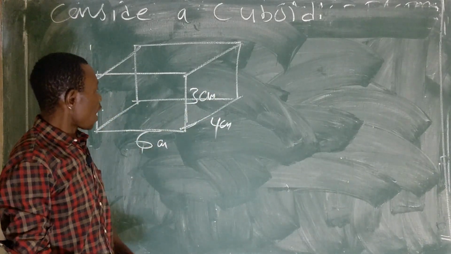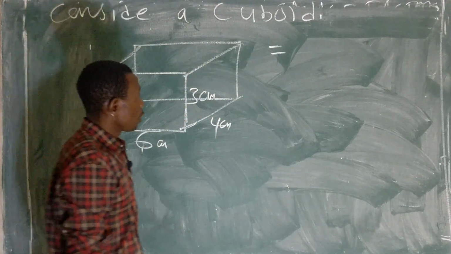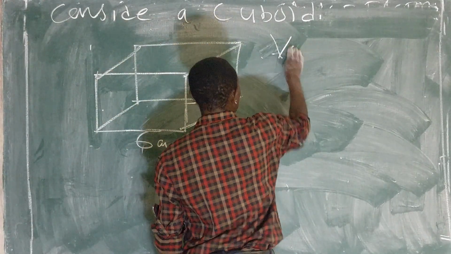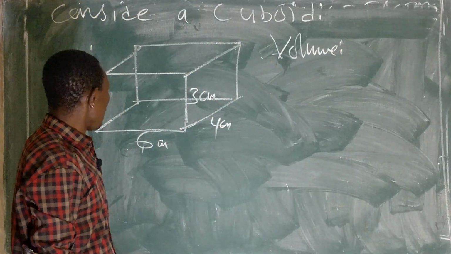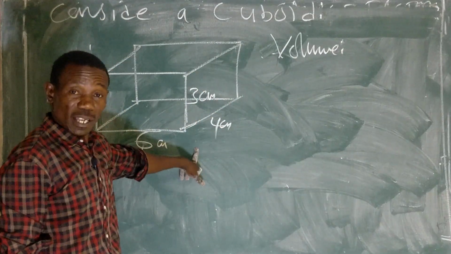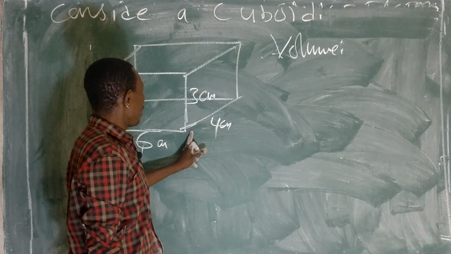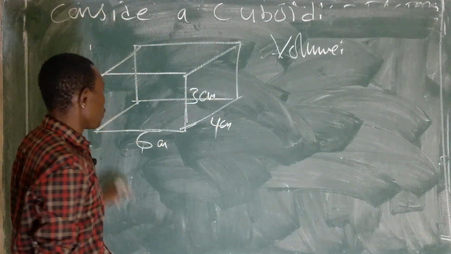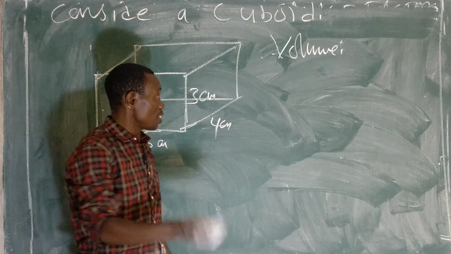Now I ask you to find the volume of this cuboid. The volume is the area of the cross-section times the length. The cross-section is a rectangle, so it is the area of the rectangle times the length, or simply length times width times height.